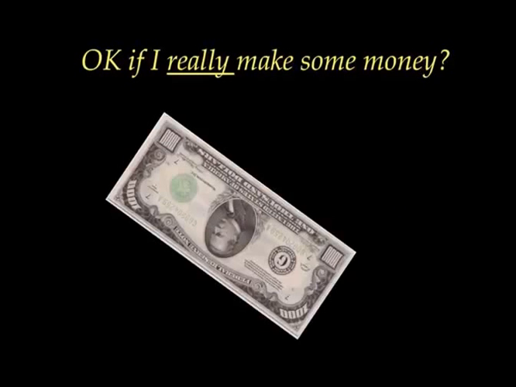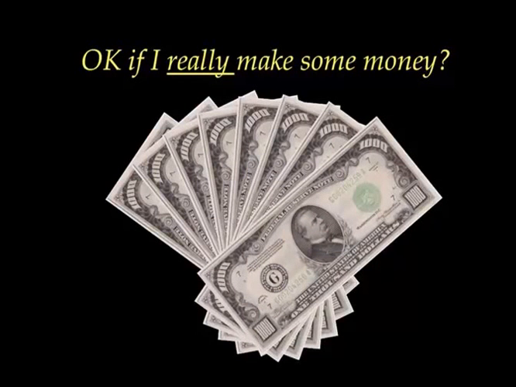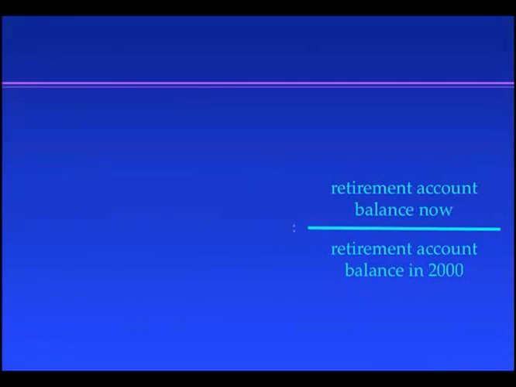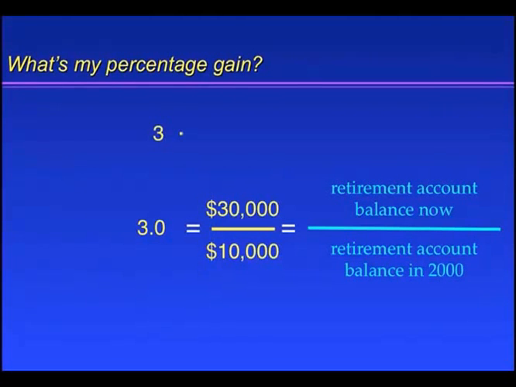Okay, is it okay if I really make some money now? Let's try that. So my retirement balance now is $30,000 versus $10,000 in 2000. The ratio is 3.0. This is really good news. What's my percentage gain?